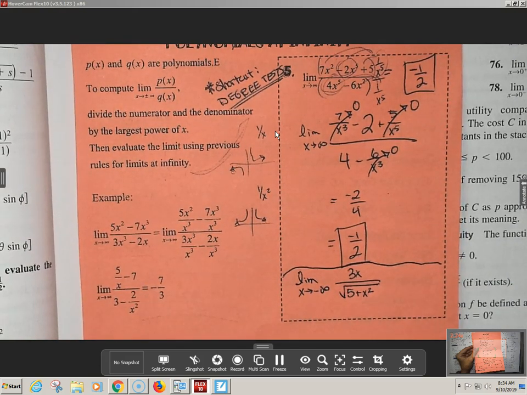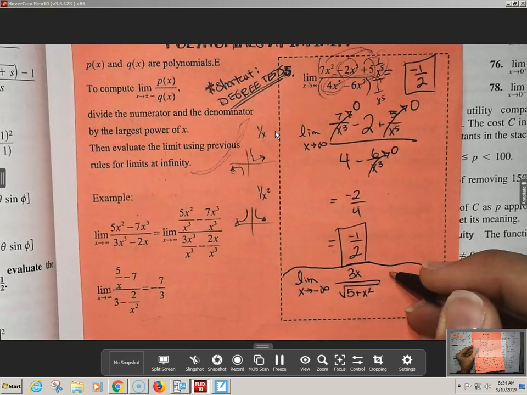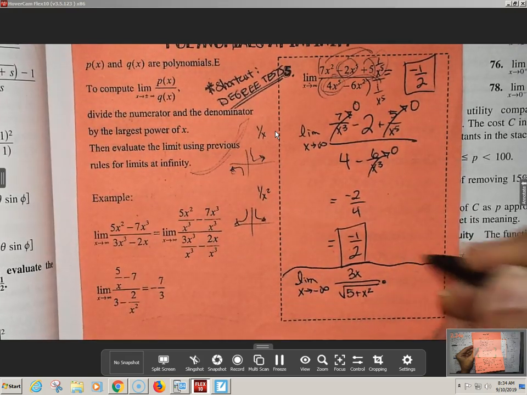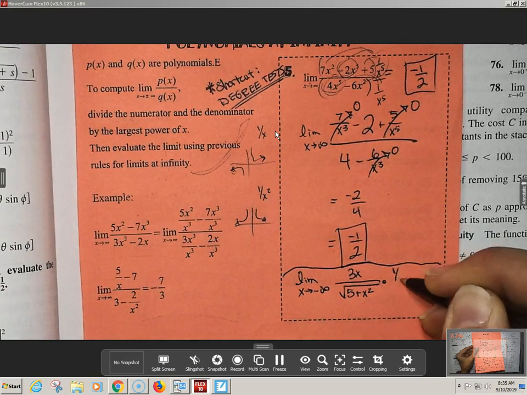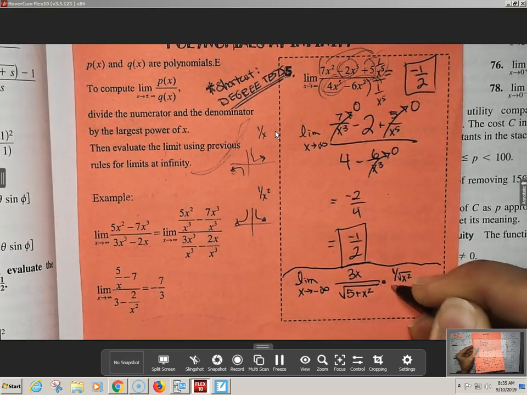Well, in homework there were some ones where it was actually like a term plus or minus a square root, and the way to go was multiplying by the conjugate ultimately. But in this one, actually no. I'm just going to multiply top and bottom by 1 over the square root of x squared.